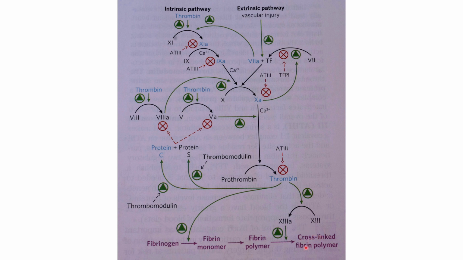So the end result is a clotting occurring here, and you get activation of these entities, thrombomodulin, and you have protein C, protein S. So people with clotting problems will oftentimes have problems with factor 8, for example. They can have decreases or deficiencies of protein C, protein S, or they can have linkage problems.